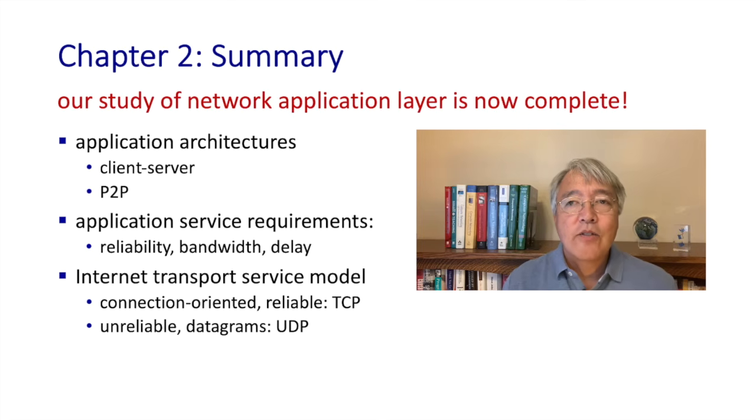And then we talked about the two types of service that are offered up by the transport layer to applications. There's TCP, which provides for reliable, flow-controlled, congestion-controlled, and a byte stream-oriented approach towards transferring data. And then there's the UDP service model, which provides an unreliable and datagram-oriented service.